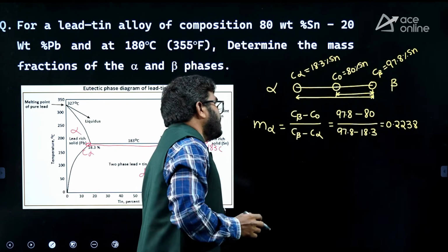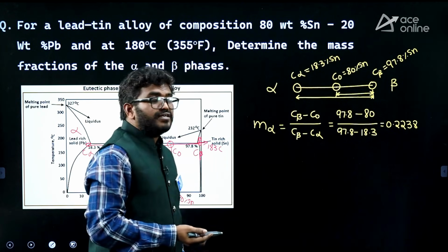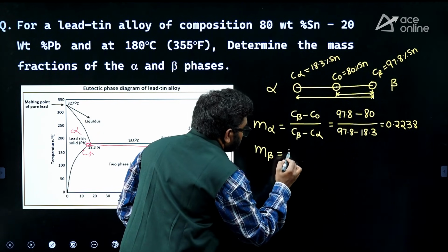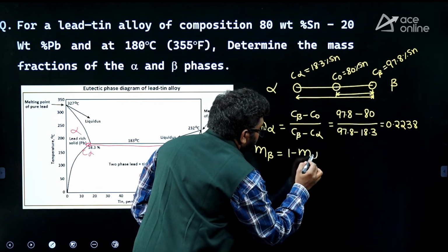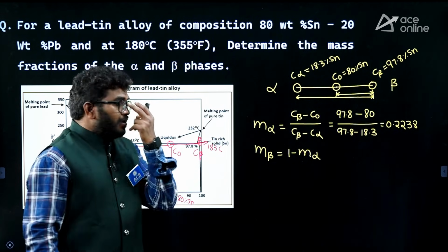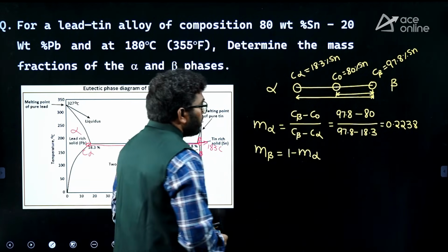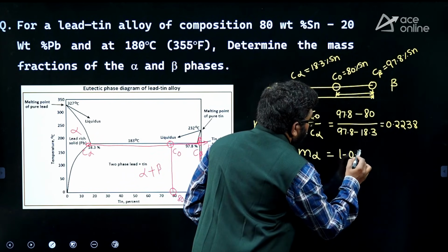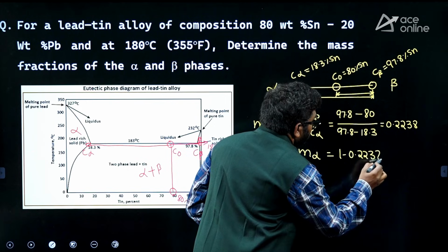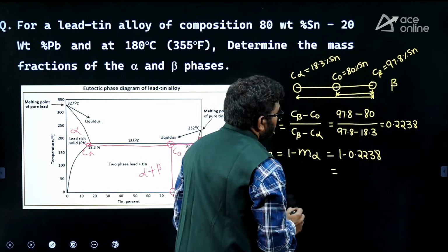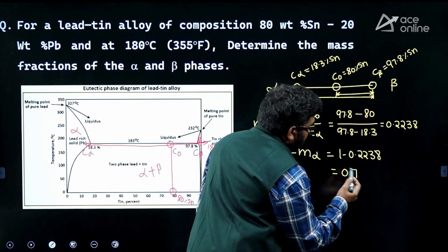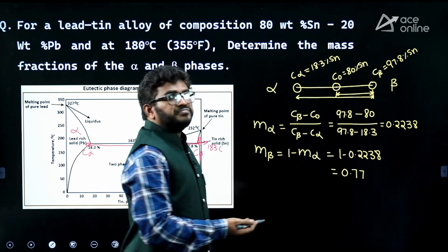If the mass fraction of alpha is 0.2238, then the mass fraction of beta is nothing but 1 minus the mass fraction of alpha, that is 1 minus 0.2238. So that you will get 0.77 something like that.